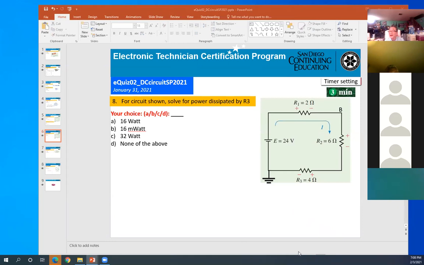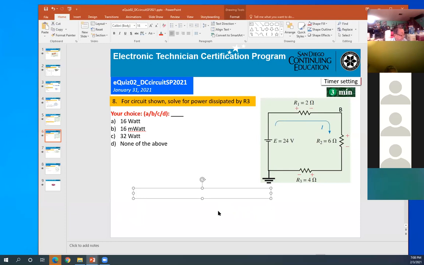Okay, they want P of R3. P of R3 equals I squared times R3. Correct.